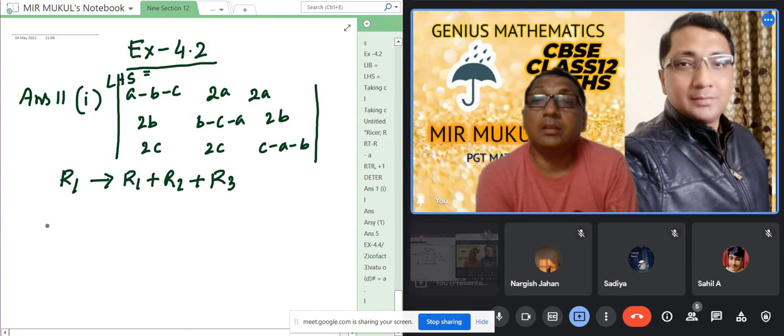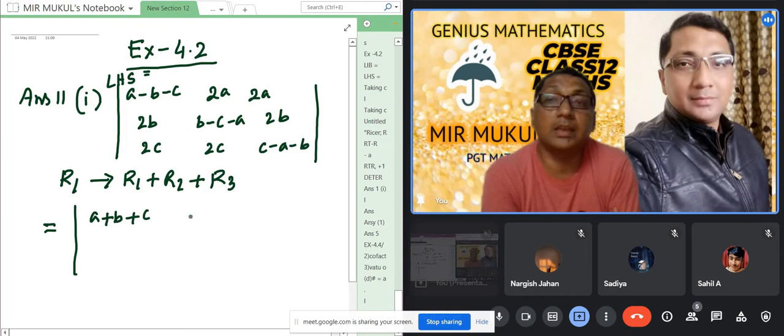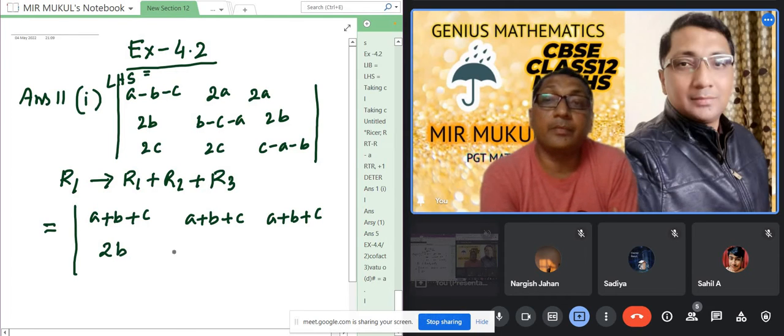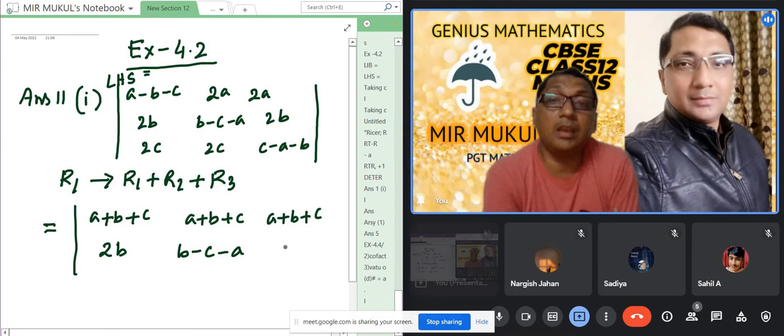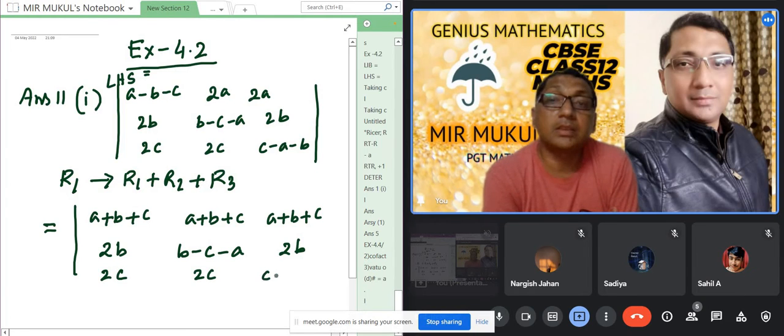Then we'll get A plus B plus C in the first row, and the other rows stay 2B, B minus C minus A, 2B, then 2C, 2C, C minus A minus B.